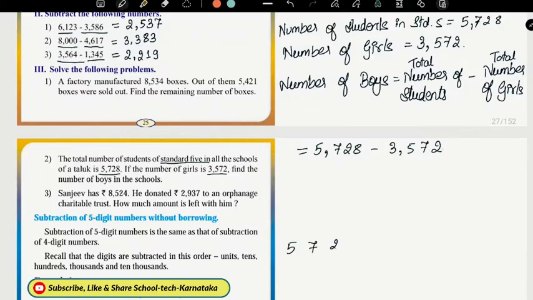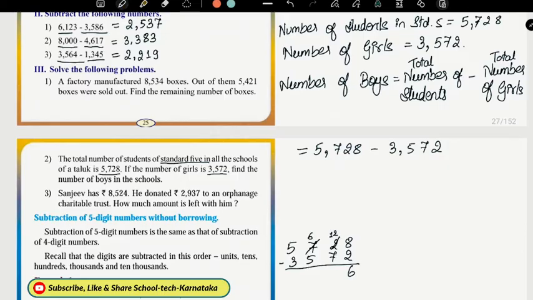5728 minus 3572. So 8 minus 2 is 6. Now 2 minus 7. As 2 is less than 7, we cannot subtract it. We borrow 1 from our next place. So this becomes 6 and this becomes 12.